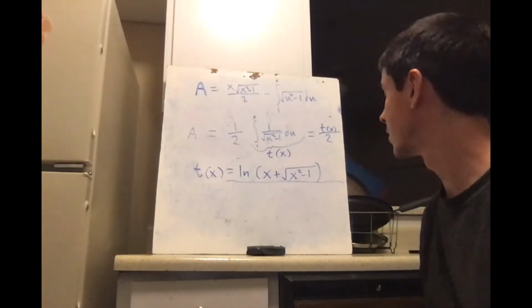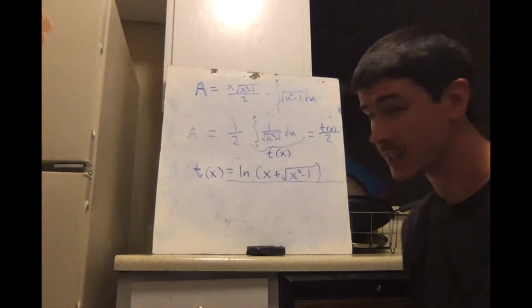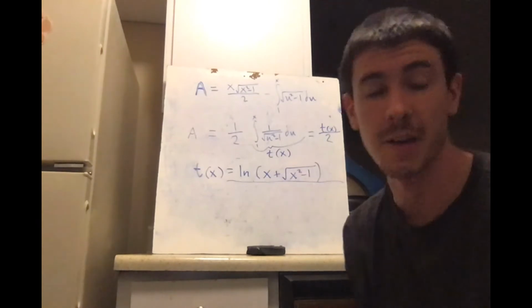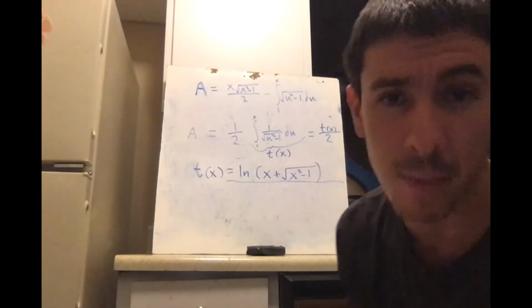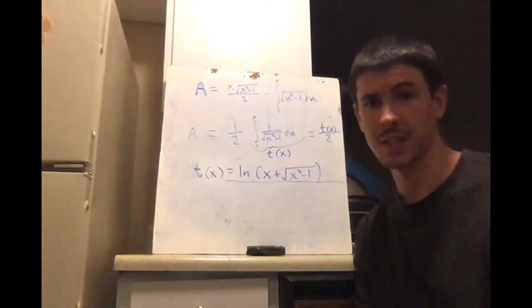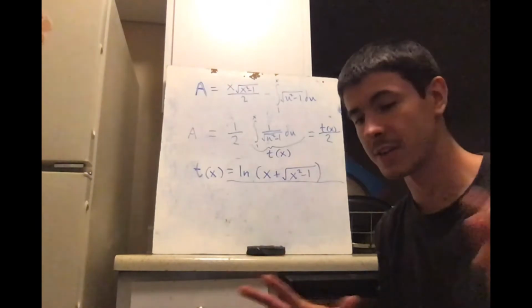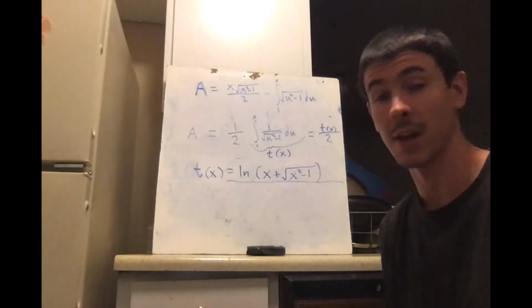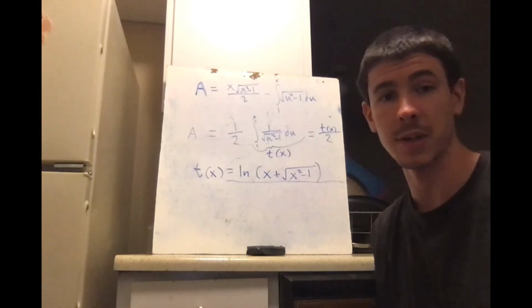So now we have t in terms of x, and I notice I haven't said a word about cosh or sinh, and if you remember in the past when I brought up cosh and sinh, the expressions for them seemed to come somewhat out of nowhere. It was just like, okay, here's the expressions, they happen to satisfy the polynomial, x squared minus y squared equals 1.